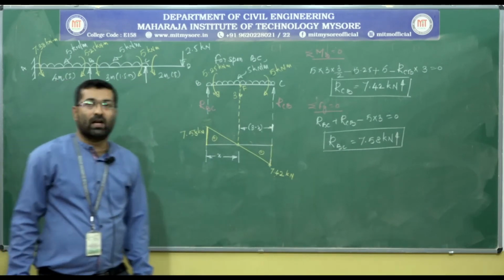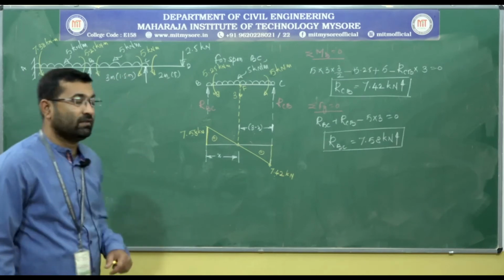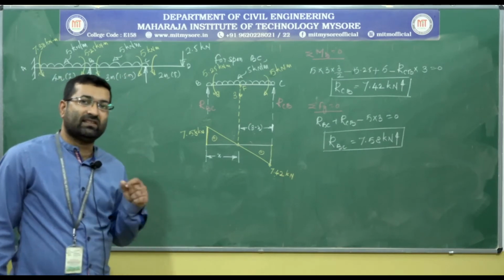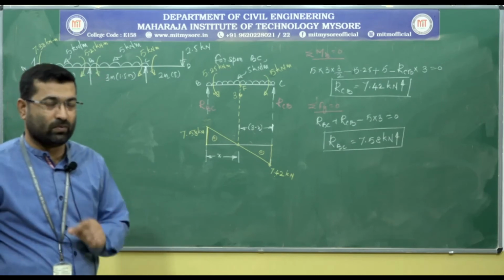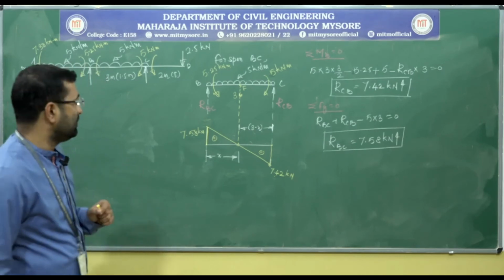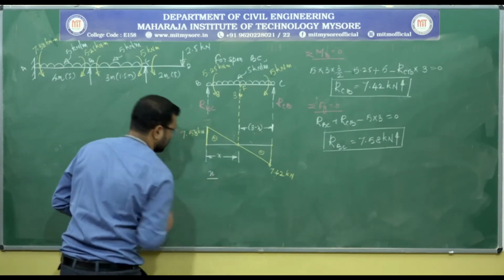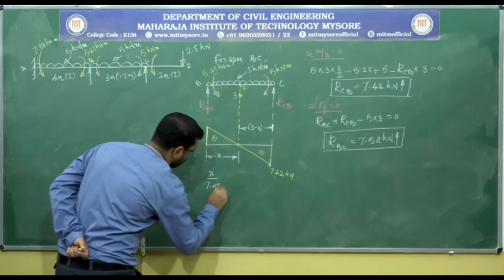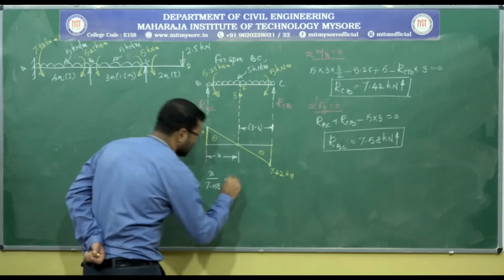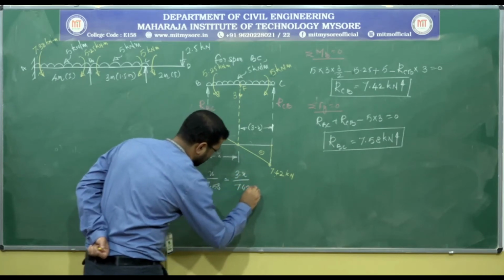Now here I have to impose the similar triangle concept and determine the value of x. So x is the point where shear force is 0, and also at the same point the bending moment is maximum. Using the similar triangle concept, x by 7.58 must be equal to 3 minus x by 7.42.